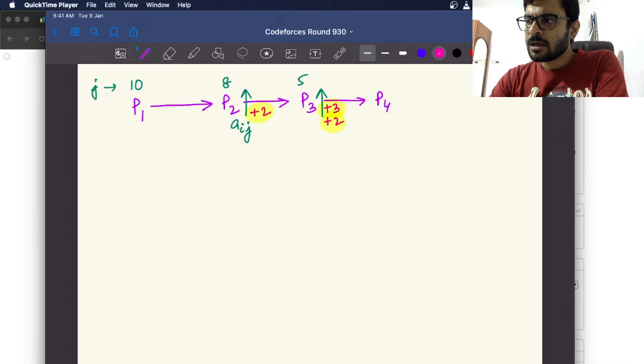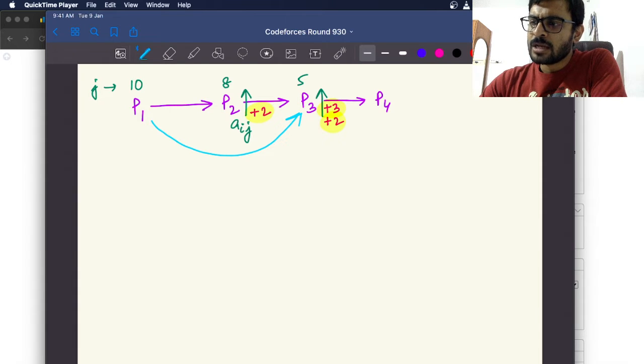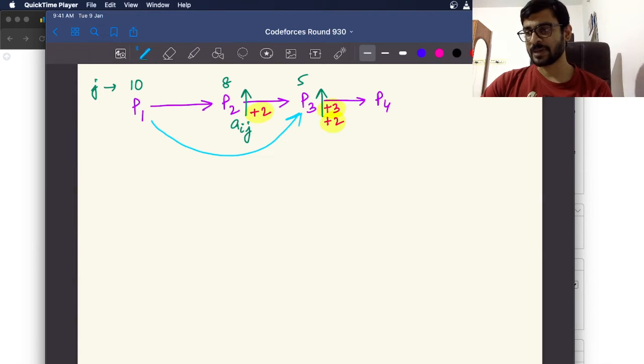But now if you observe a little bit, you will see, if I go directly to P3, I don't have to bear this plus 2. That will just look at my 10, that will increase itself accordingly from 5 to 10, I am done. It will just take that plus 5. Here we are taking plus 2 plus 5, which means plus 7.